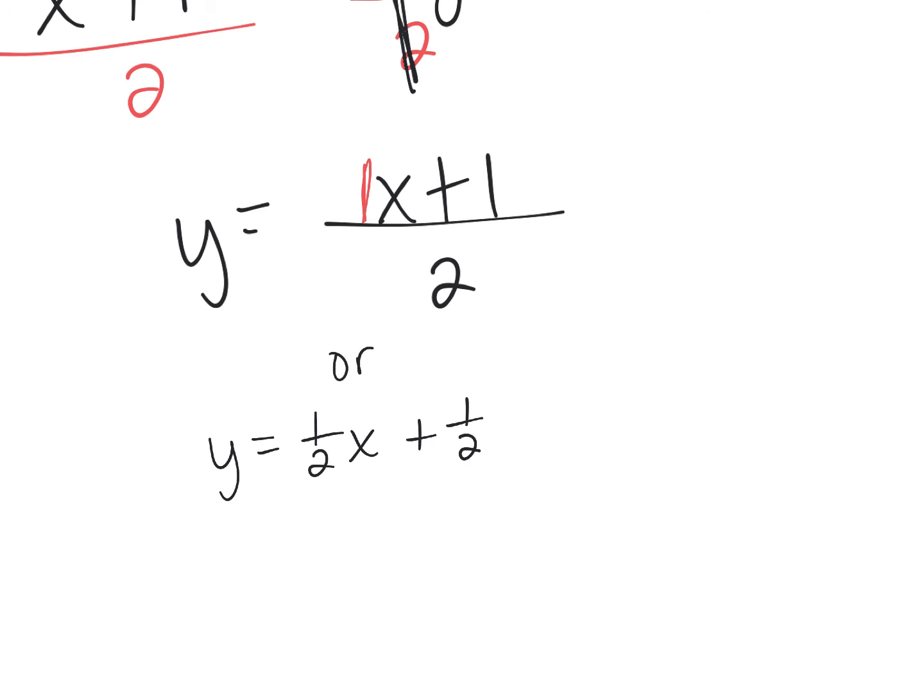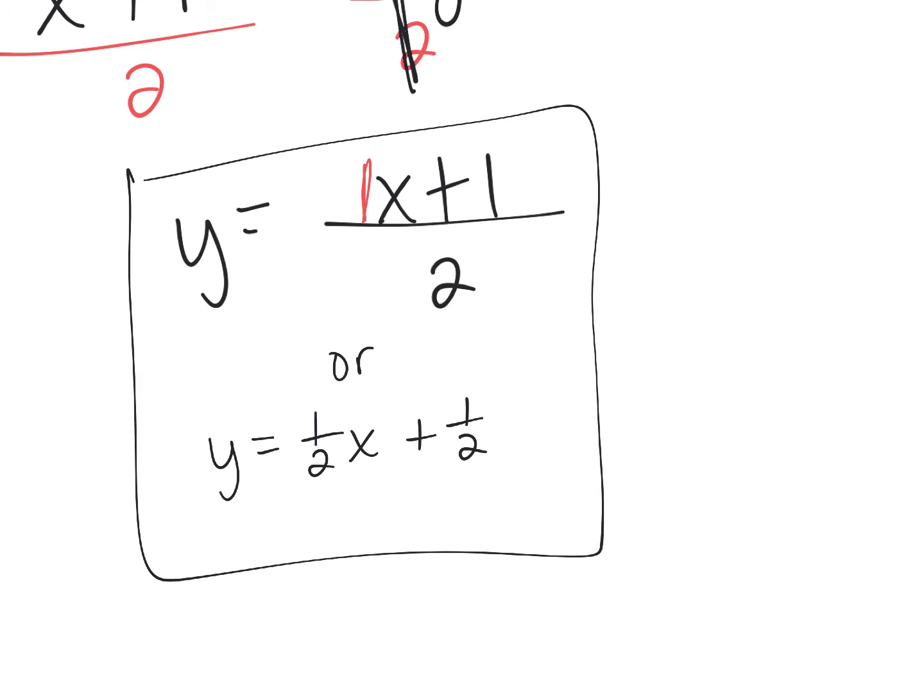Okay, so either one of those is perfectly okay. Let's talk about why I did this one. So this should probably look more familiar to you than the top one. They are the same thing, but that one on the bottom is something that's a line in slope-intercept form. The y equals mx plus b. So this would be your slope, this would be your y-intercept.